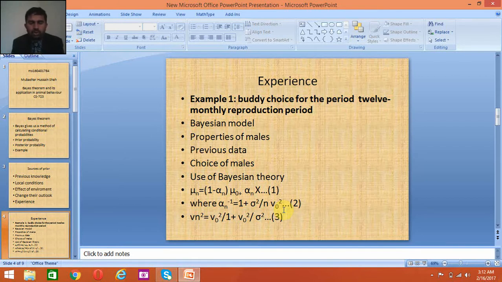Now, during that particular period, when a female member is observing some particular males, she surely uses her previous knowledge about the males and will check all the properties of the males depending upon her past experience.